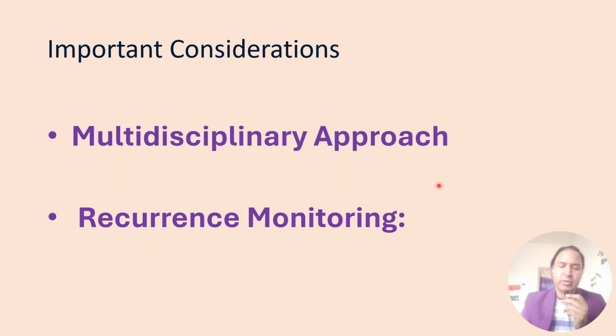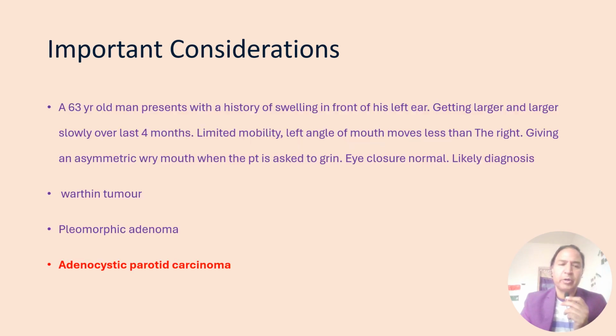A multidisciplinary approach is needed: we have to send the patient for FNAC, and a pathologist is needed. For recurrent monitoring, we may have to do scanning, recurrent ENT examinations, and ultrasonography. So the radiology department and the ENT surgical department are needed. It is a multidisciplinary approach with recurrent monitoring.